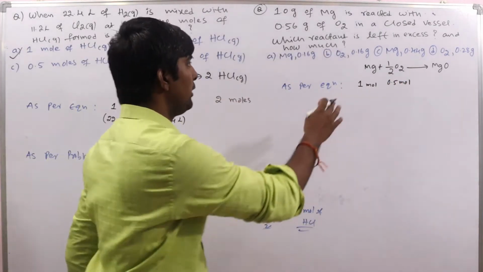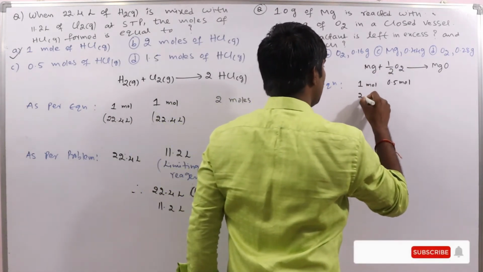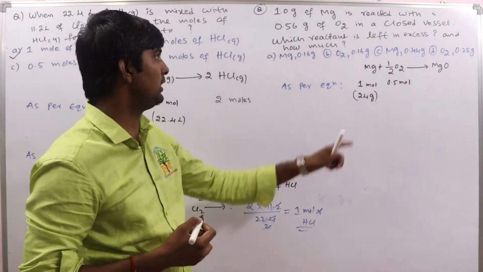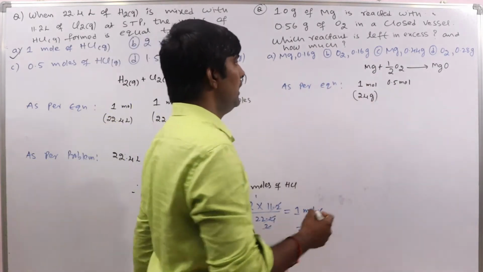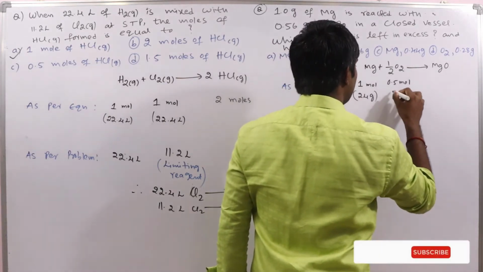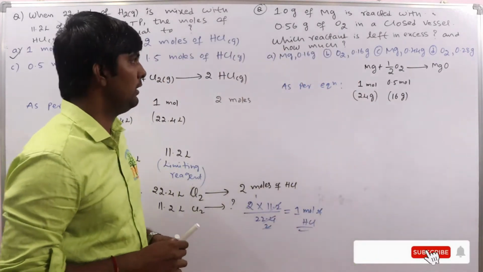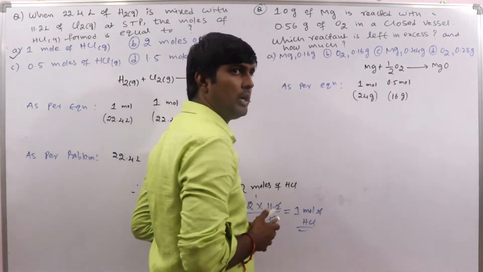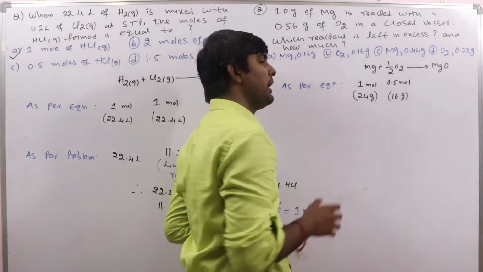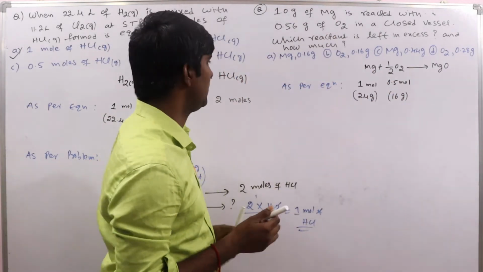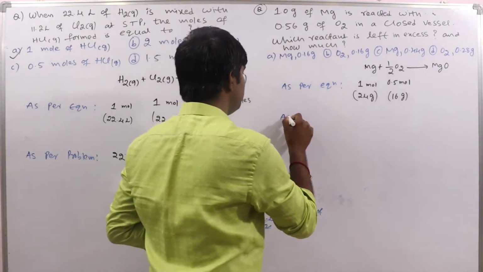Yes or no? 1 mole of magnesium is nothing but 24 grams, the atomic mass of magnesium being 24, and half mole of O2 is nothing but 16 grams. So for 24 grams of magnesium we need 16 grams of oxygen for the complete reaction. This is according to the balanced equation. Now, as per the problem.